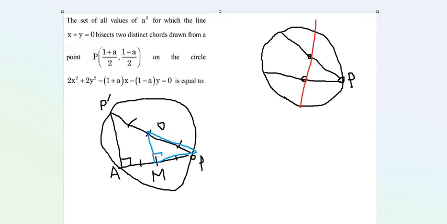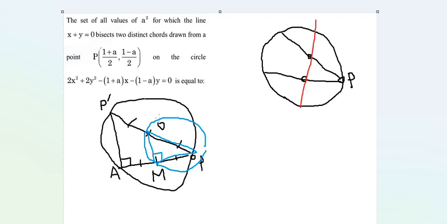So these two angles, P dash AP and OMP, are both right angles. And since we chose A arbitrarily, by Thales' theorem, M must lie on the circle with diameter OP. Since A was arbitrarily chosen, this blue circle is the locus of the midpoints of chords.